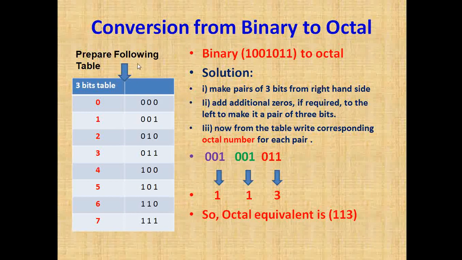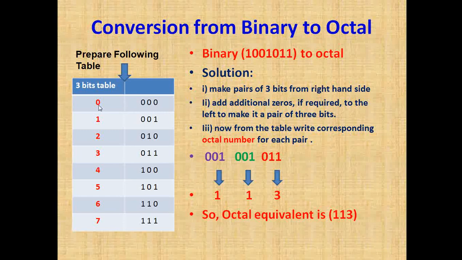Now I am giving you a method to prepare this table. Since it is a table for octal numbers, first of all we will write all 8 octal digits here, 0, 1, 2, 3 up to 7, and since it is an octal number, it can be represented as 2 to the power 3, means 3 binary digits form.